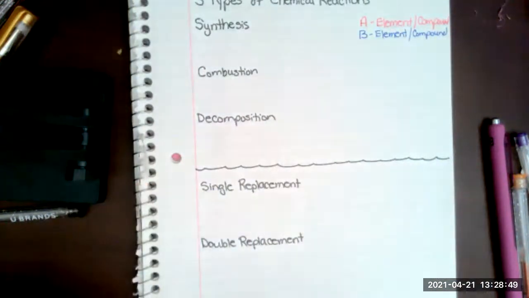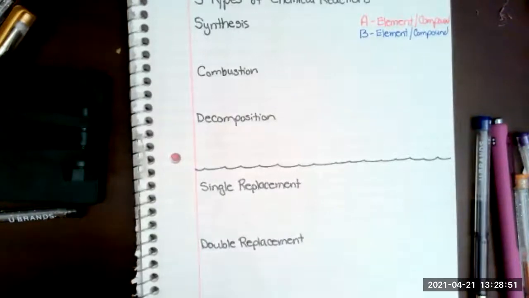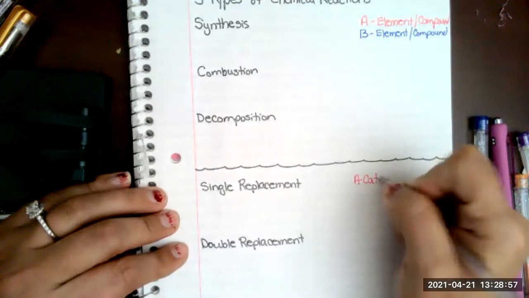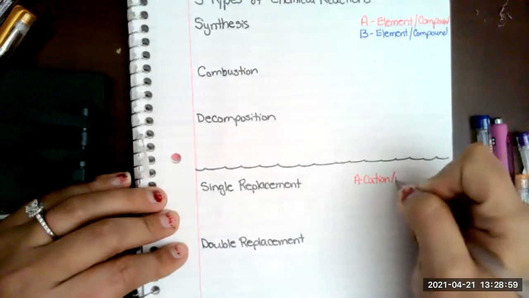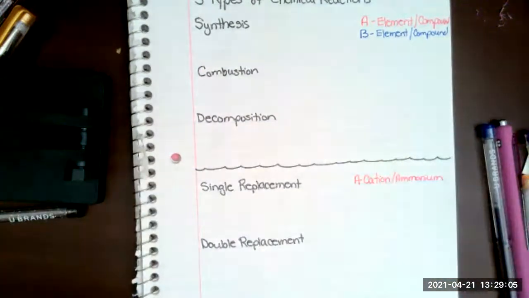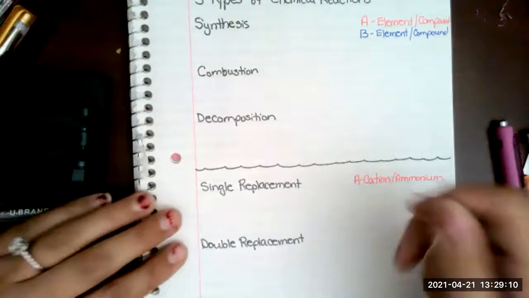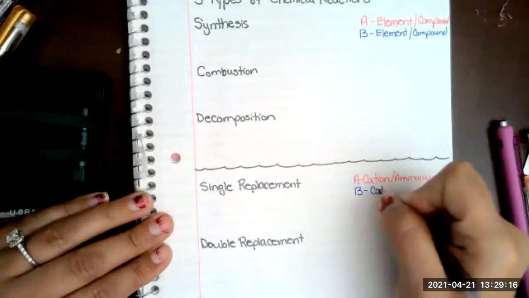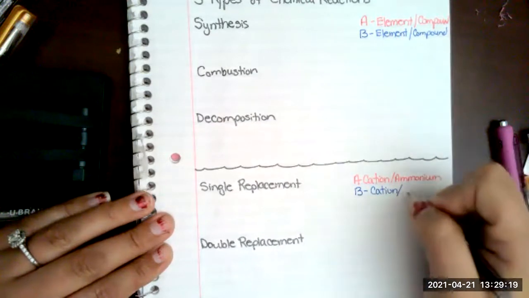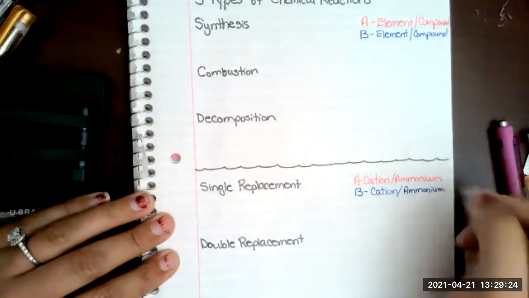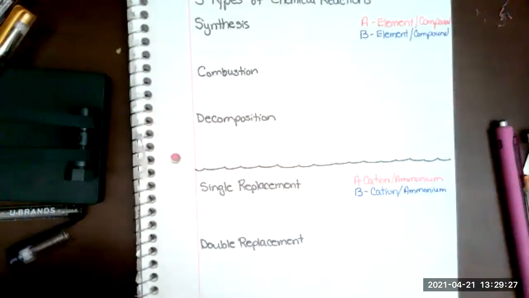When we talk about single and double replacement, A is going to be a cation or ammonium. And B is also going to be a cation or ammonium. Then, put these right here.